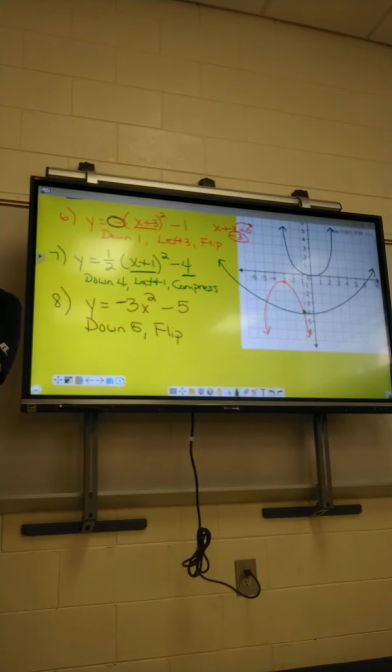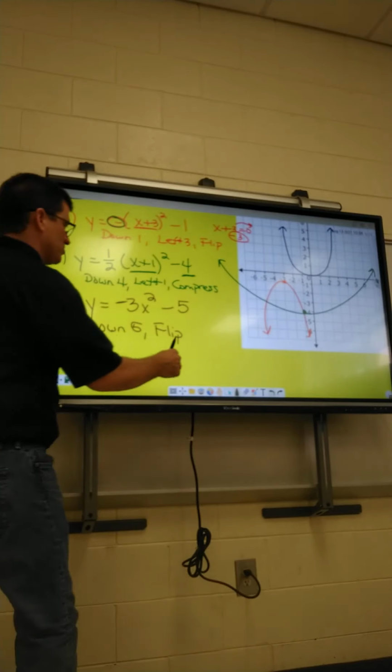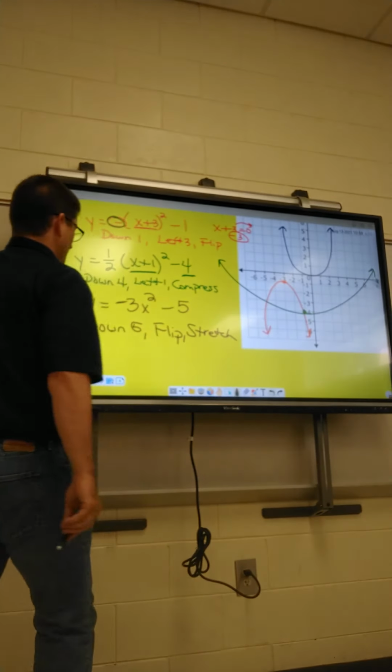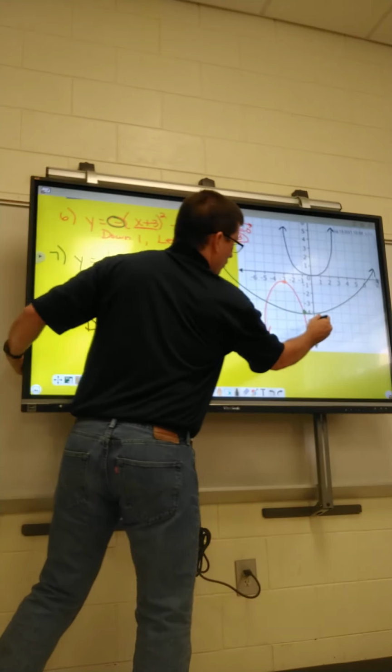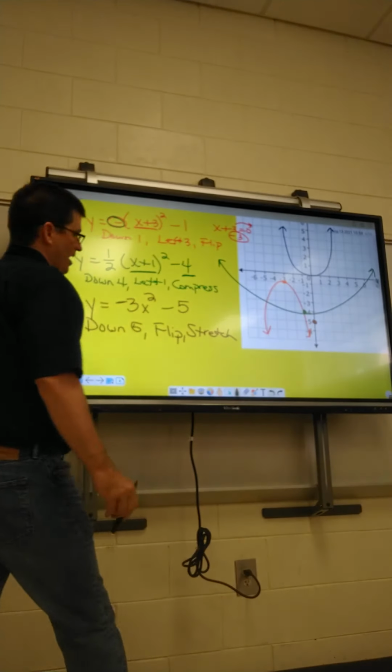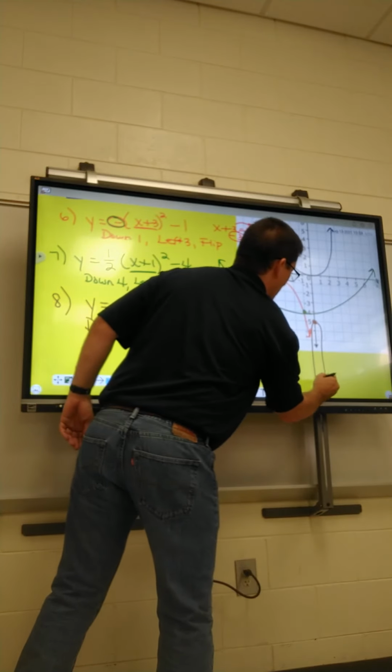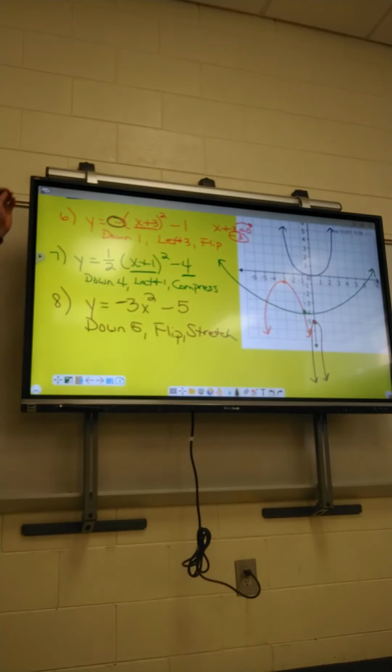If it's a number, it makes it skinny because you stretch it. So you can either write skinny or stretch. Down 5, put a point. I gotta flip it and stretch it, so I want y'all to draw one really, really skinny. These are gonna be on the next axis as well.